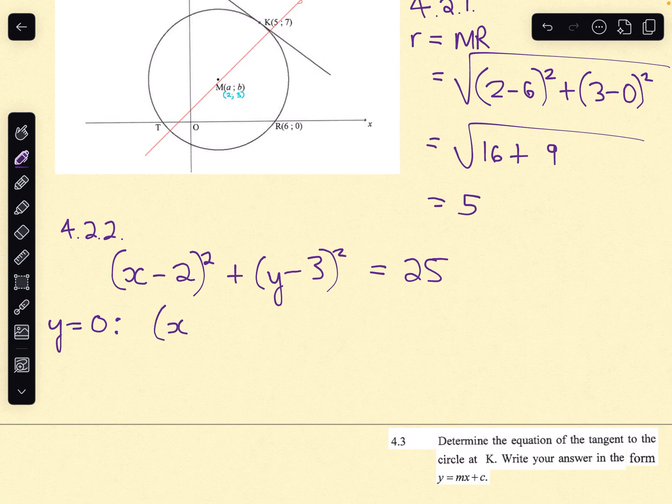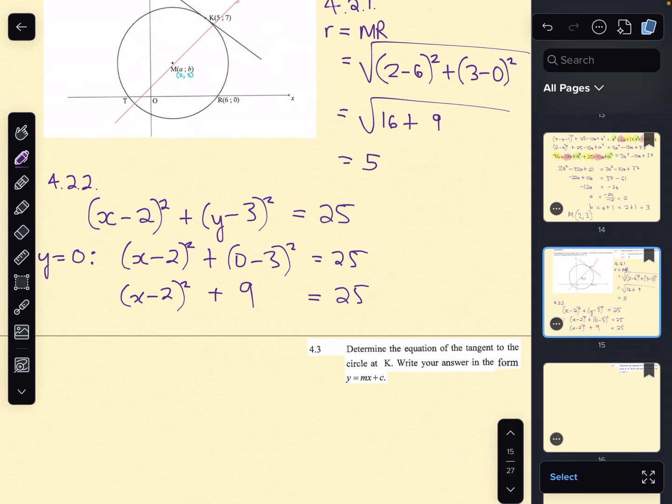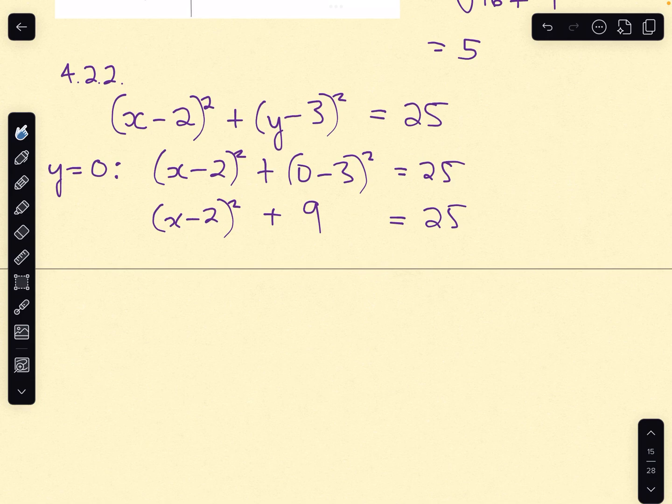So that'll be x minus 2 squared plus 0 minus 3 squared is 25. I'm not going to multiply it out just yet, because you know me, I like to conserve my energy. If I can avoid simplifying a product, I will avoid it for as long as I can. Now you can either see by inspection that this thing must be 16, because 16 plus 9 gives you 25, or you can just think of it as minusing 9 on both sides.